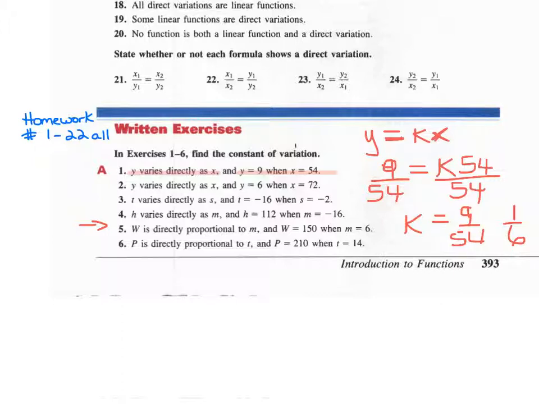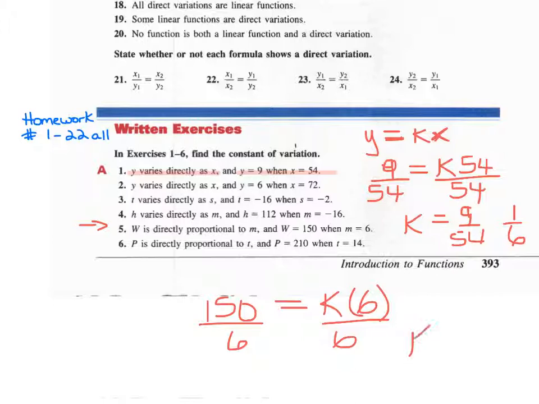Like the last example I showed you, you could show that 150 is equal to k times 6, and then divide both sides by 6. And k equals 25. You're welcome.